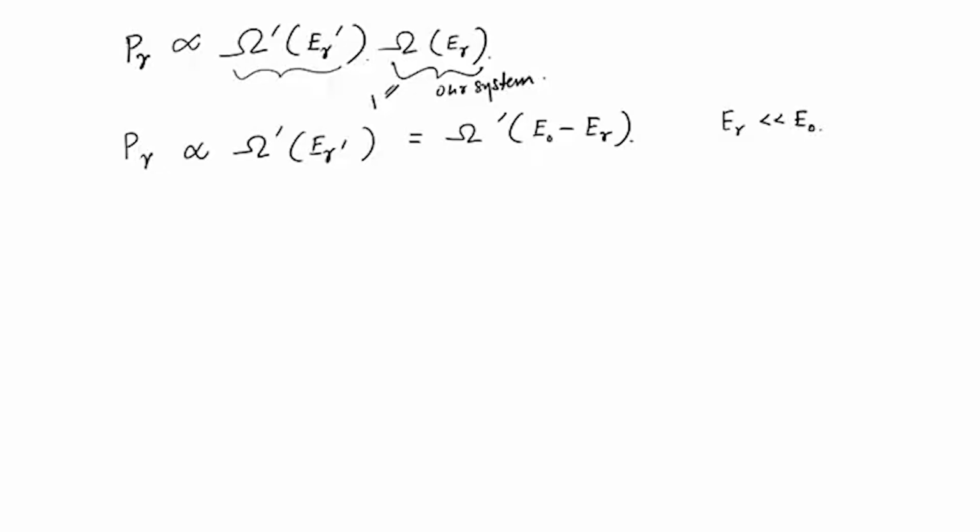One event is that all the other members of the ensemble, apart from our system, are occupying certain energy levels E r prime, and this is multiplied by the probability that our system is occupying an energy level E r. This is a multiplication of the two because they are independent, and so we have left this one out and said that P r is proportional to omega prime.